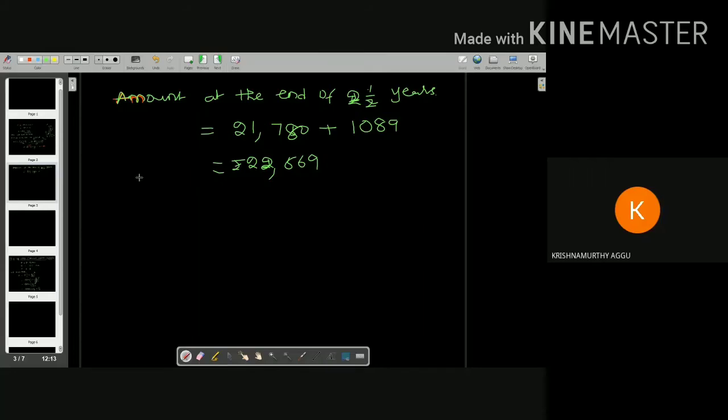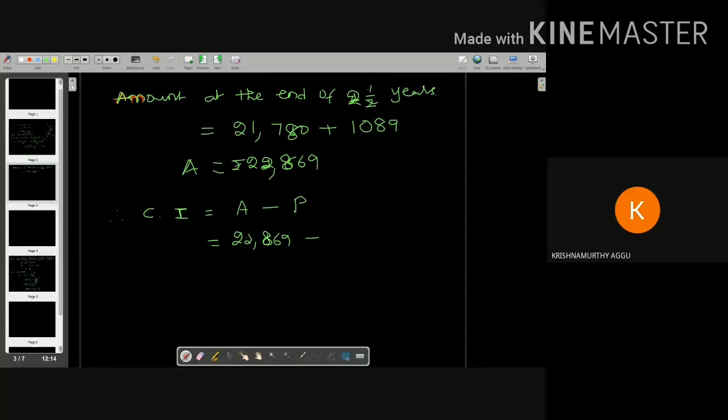2.5 years. Next, they are also asking us to find out compound interest. In the question, compound interest also asked. So CI represents compound interest equal to amount minus principal. A for amount, P for principal. What is the amount here? 22,869 minus principal. What the principal means starting amount.